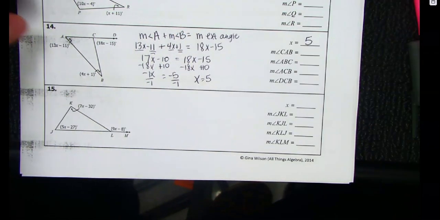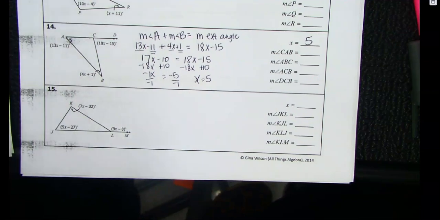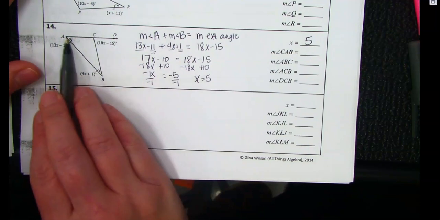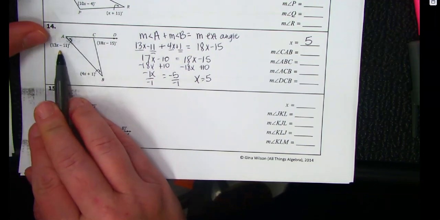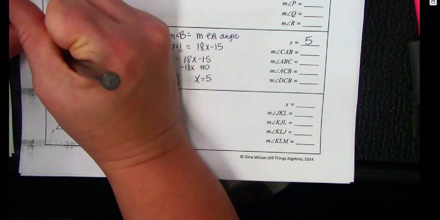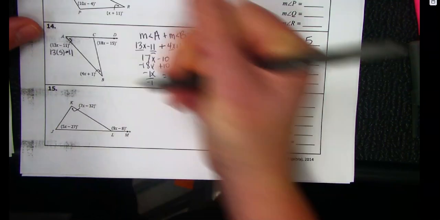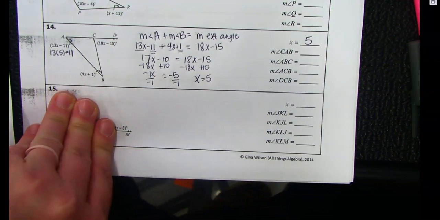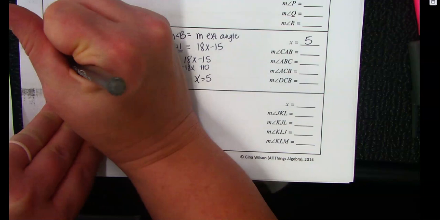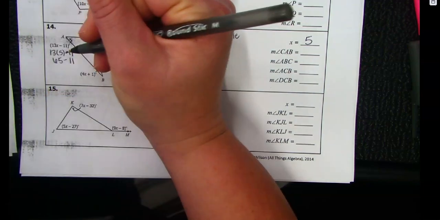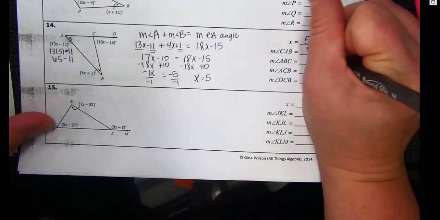To get each of the angles, I then plug in. So angle CAB. CAB would be this angle. I plug in 5. 13 times 5 is 65. 65 minus 11 is 54.